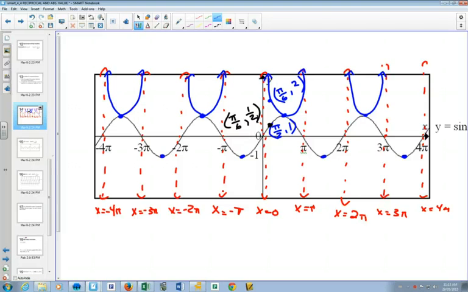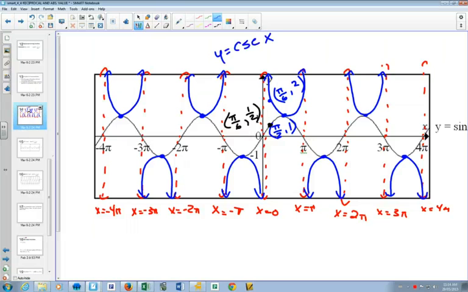At 1, if you wanted to graph this other point at pi over 6, comma 2, to show that you understand, since I know that pi over 6, comma 1/2 is on there, I can do the reciprocal of that. Similarly, all these places that are negative are going to show your asymptotic behavior. And our blue graph right here is the graph of cosecant of x.